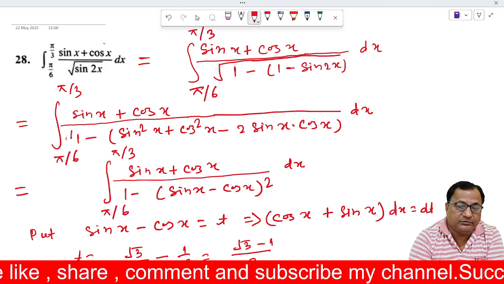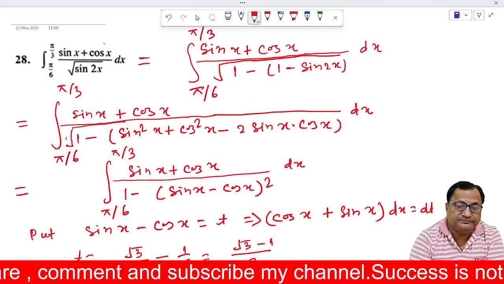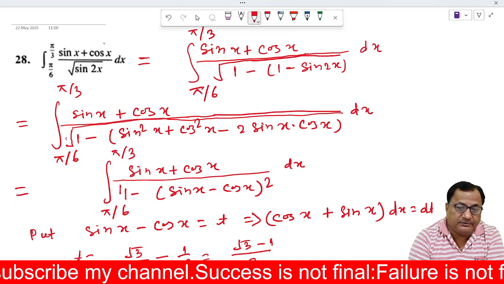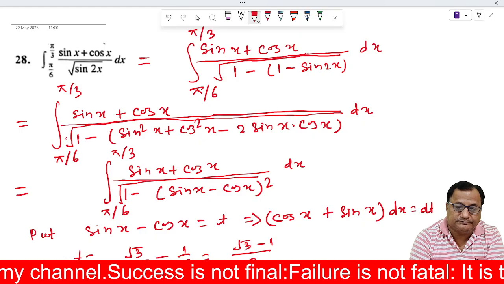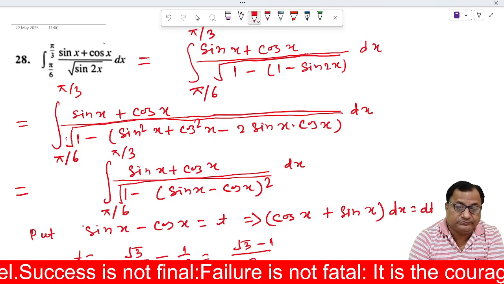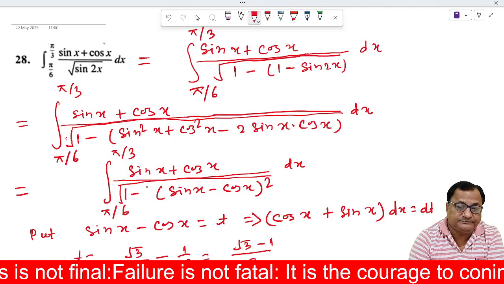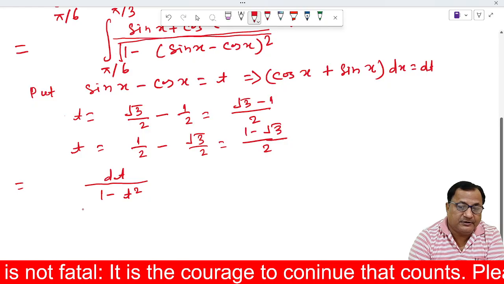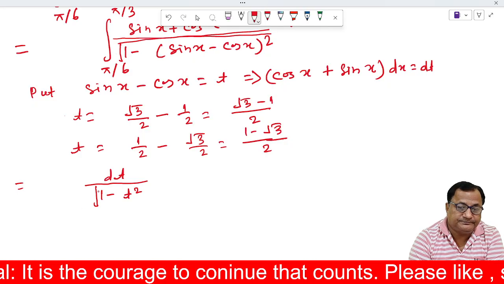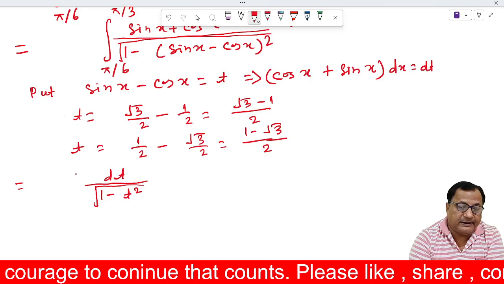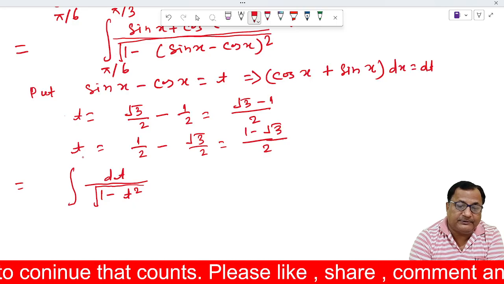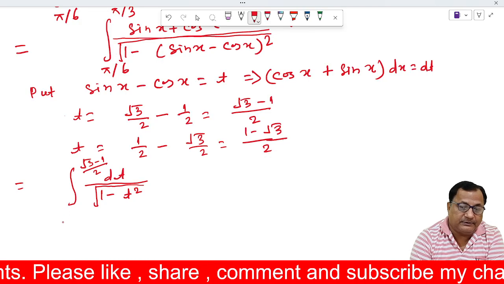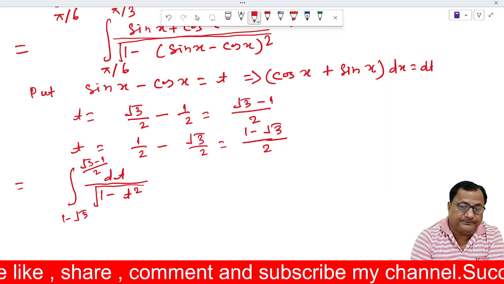And the upper limit is root 3 minus 1 by 2, and the lower limit is 1 minus root 3 by 2.